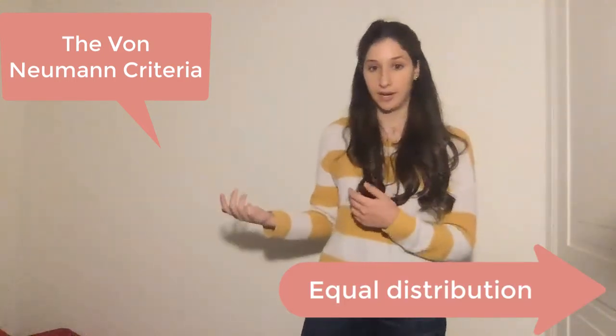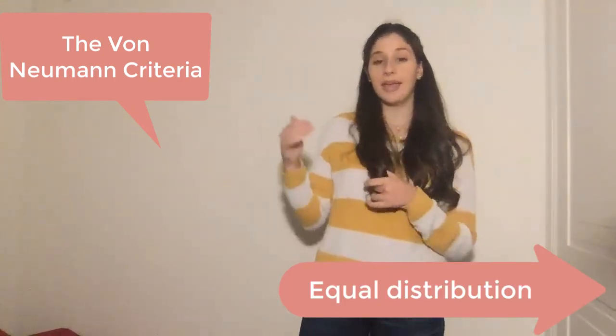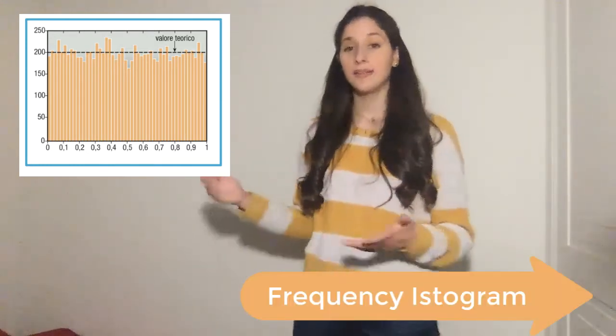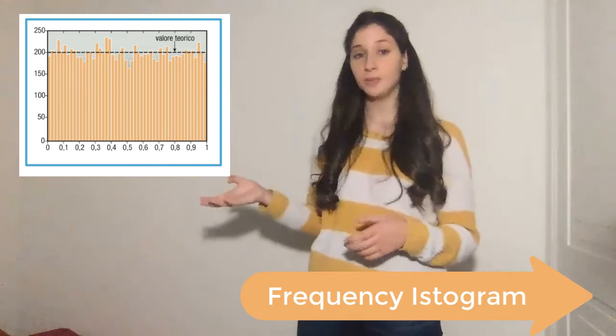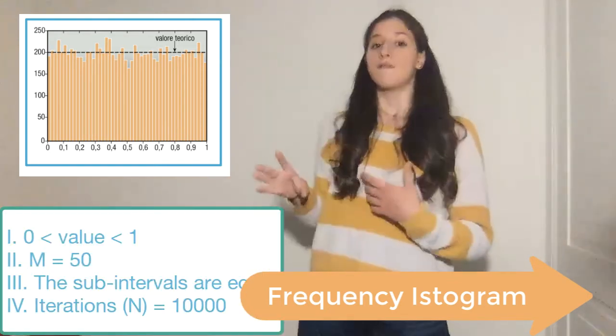So I should get 2 dice and try it over and over until my sequence is very similar to the actual casual one. The second one, which is the criteria of von Neumann, says that the distribution of numbers generated needs to be equal. So you need to be able to see them in a graph. You can verify these criteria with a frequency histogram. So in this histogram right here, we've got a value between 0 and 1.